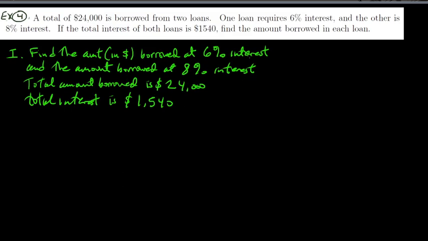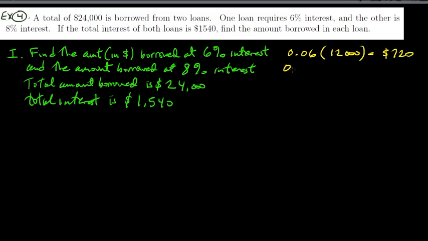Well, let's see. If it's 6% interest, we know that's 0.06 as a decimal. If we borrow $12,000 there, how much do we have to pay back in interest? So 12,000 times 0.06 is $720. That's just the interest.